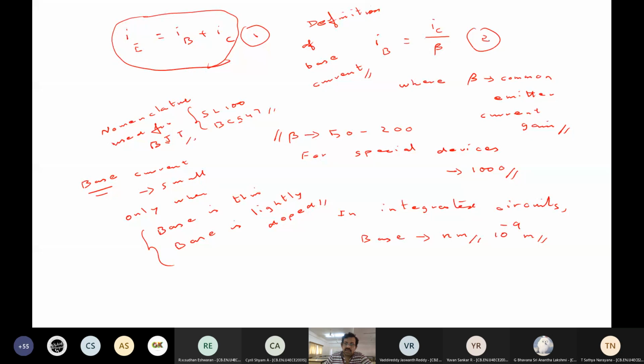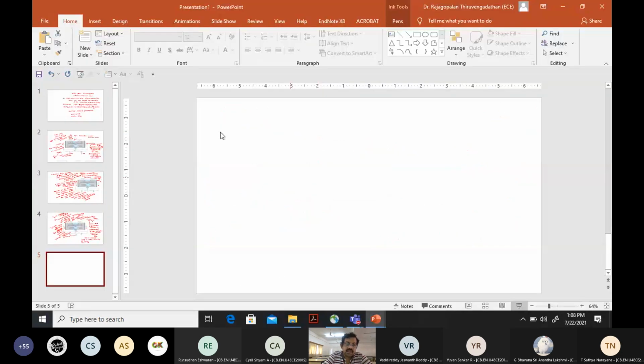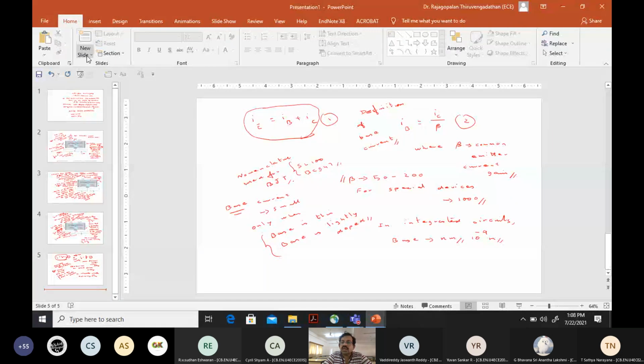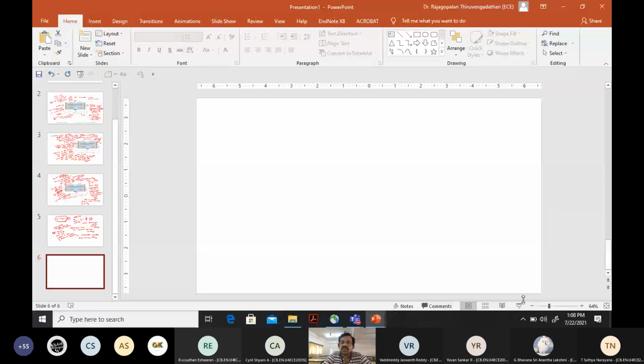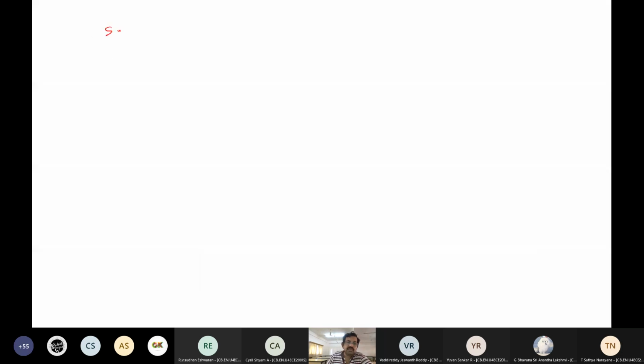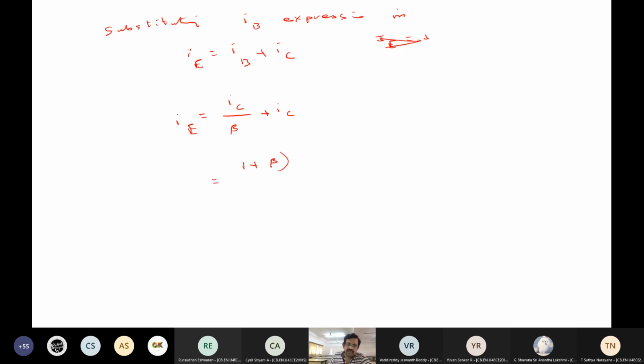So substituting the IB expression in IE equal to IB plus IC, we will get IC by beta plus IC, and that is equivalent to 1 plus beta into IC.